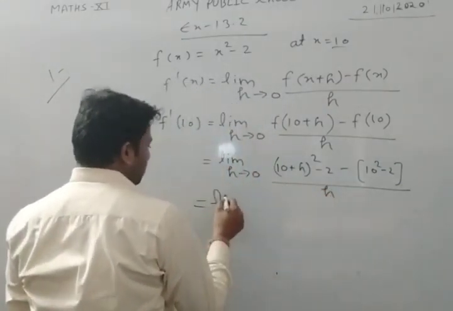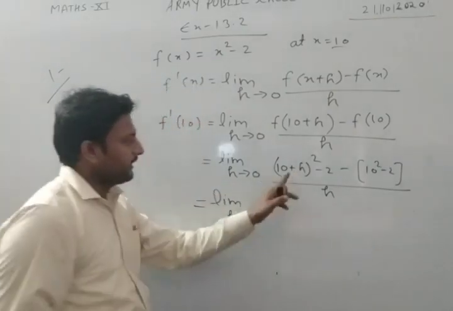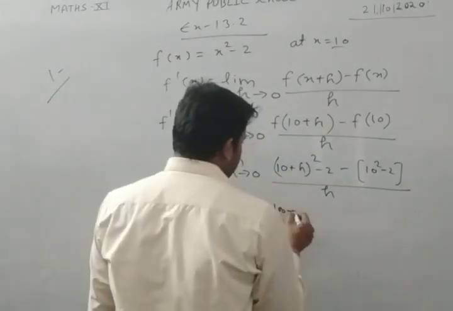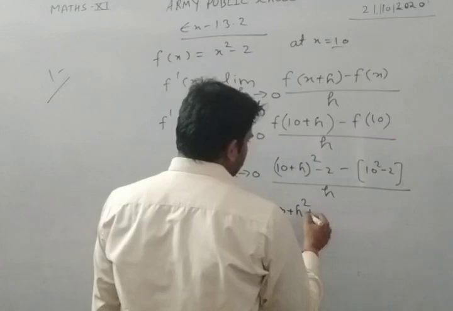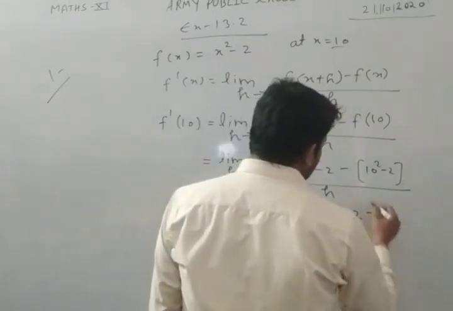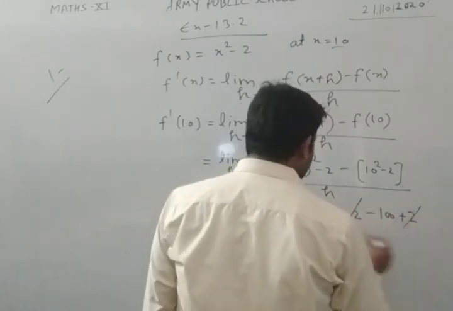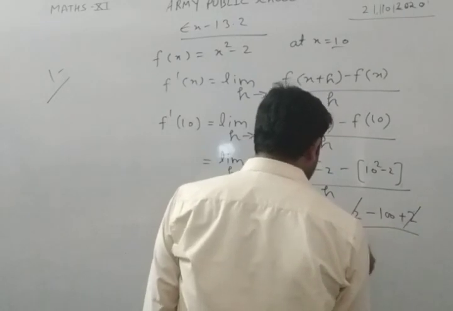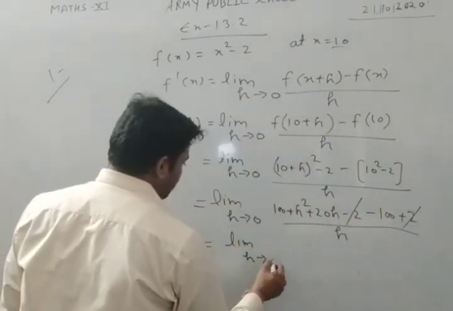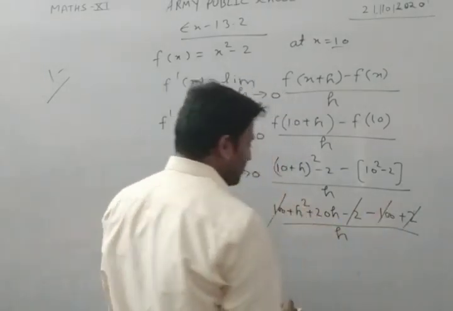Now limit h tends to 0. This is a plus b whole square, so we will open it. So 100 plus h square plus 20h minus 2 minus 100 plus 2. So it will be cancelled and divided by h. Limit h tends to 0, and this 100 will be cancelled with this 100.